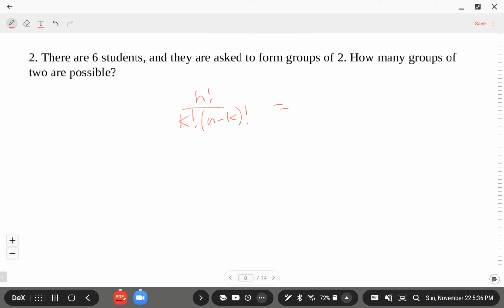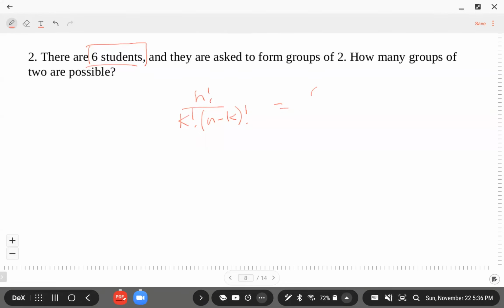We are given 6 students in total, so that is our set. 6 factorial over how many students we want in our group? Groups of 2, so 2 factorial, k equals 2.